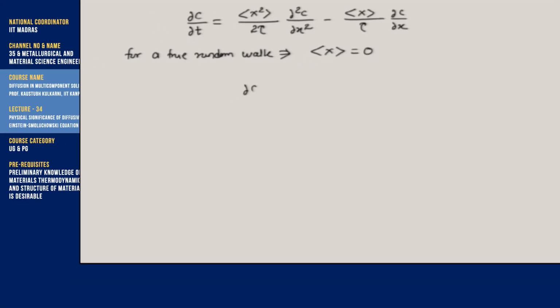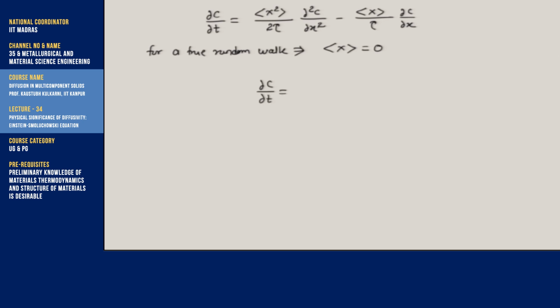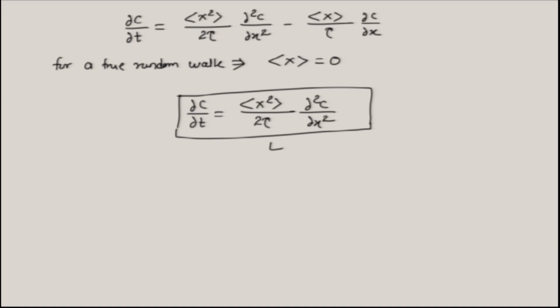And so, we get dou c by dou t equal to mean square displacement x square over 2 tau dou 2 c by dou x2. This looks familiar. This is similar to the diffusion equation.